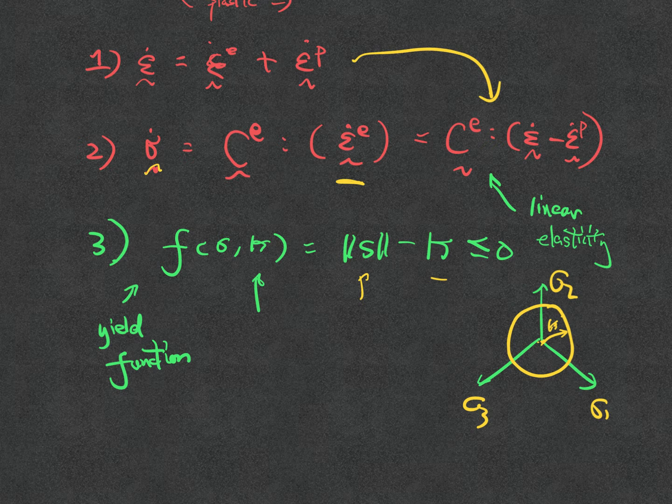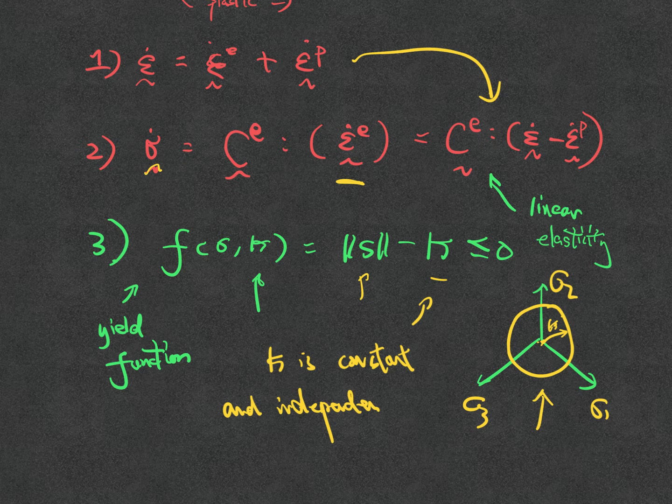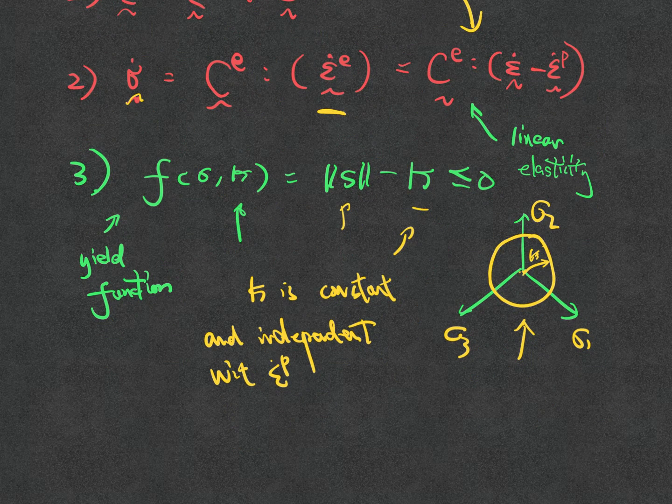But later here, I will first consider the simplest type of deformation, in which I pin this yield surface fixed on the pi plane. If kappa is constant and independent of the plastic strain rate, then what we have is perfect plasticity.